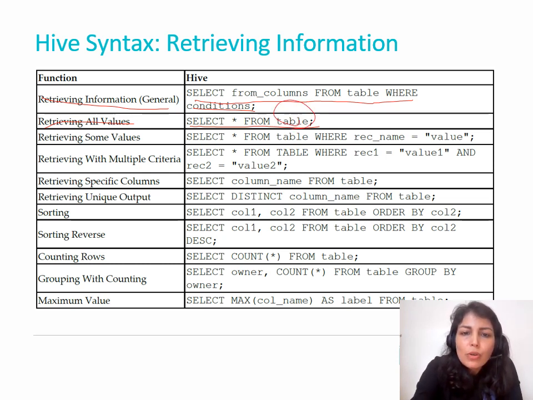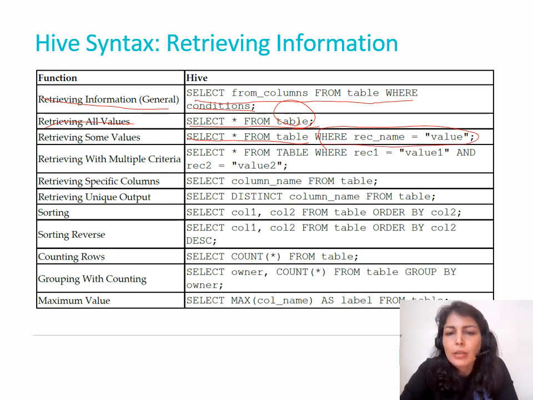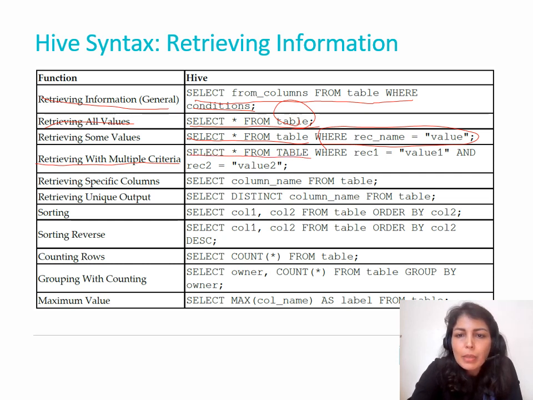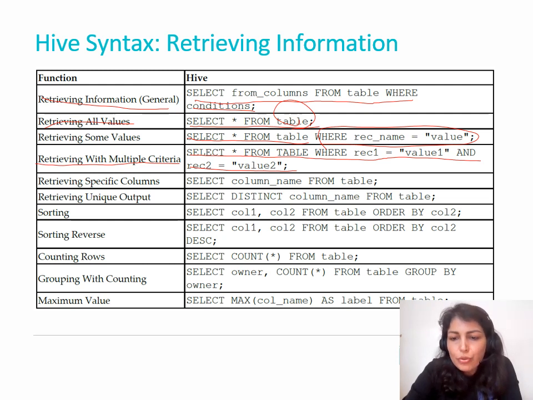Retrieving some values, okay, you can say select star from table and then just put a condition here where, for example, a special column should be equal to some values. Retrieving with multiple criteria, so you can repeat the previous one, select star from table where, then instead of one condition, you can add more than one condition, as many as you want, but it should be, of course, reasonable.